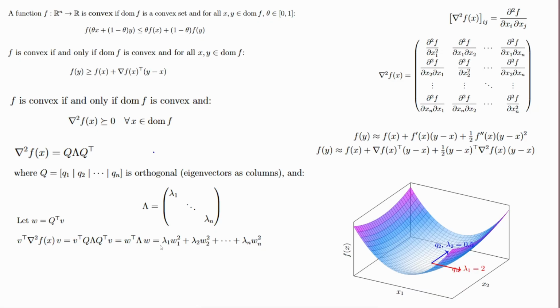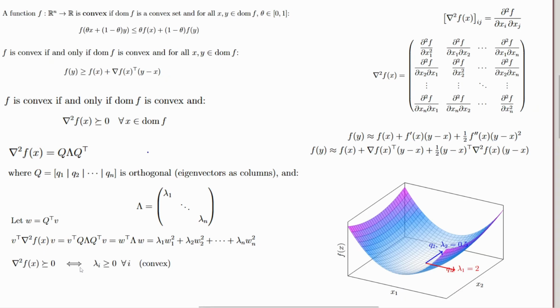That's the spectral interpretation of positive semi-definite: no negative eigenvalues. So in terms of convexity, if the Hessian is positive semi-definite, that means all the eigenvalues must be greater than or equal to 0. And of course, that means it must be convex, because the curvature in any direction must be positive.